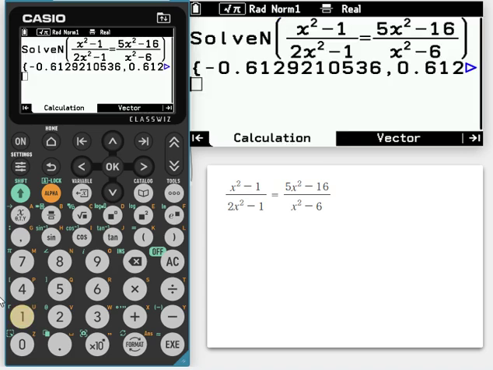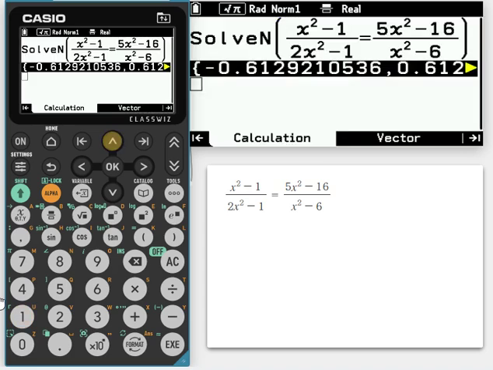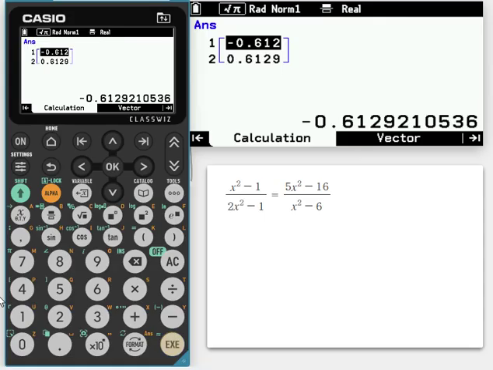Okay, and it tells us that there are two solutions.